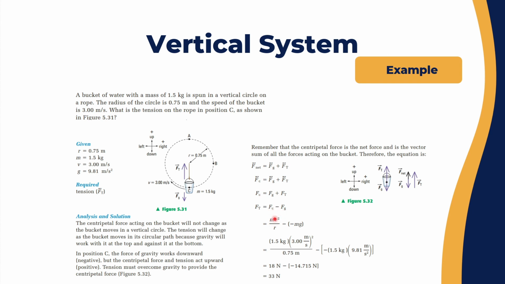F centripetal is mv squared over r minus F gravitation is minus mg, as it is pointing downwards, and your convention is downwards to be negative and left to be negative, upwards positive, right is positive. Replace the given numbers, all these numbers are given over here, to find the F tension to be 33 newtons.